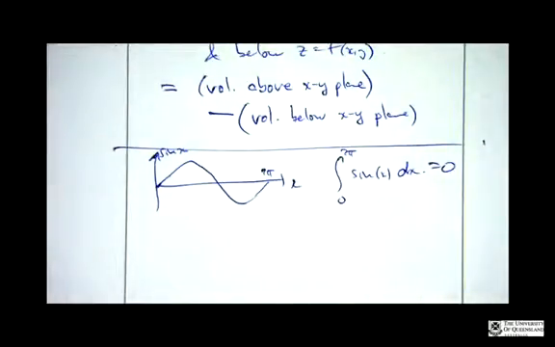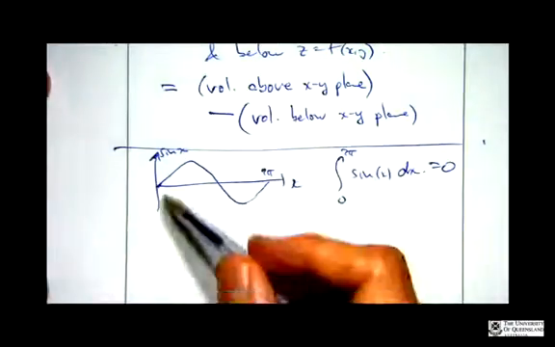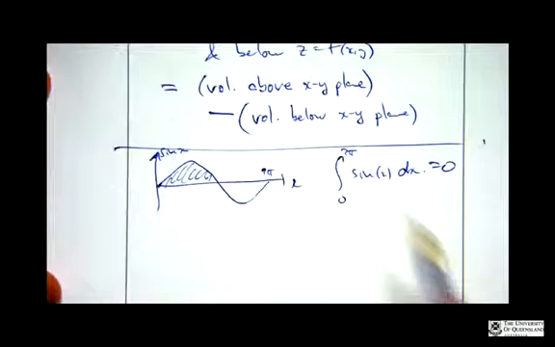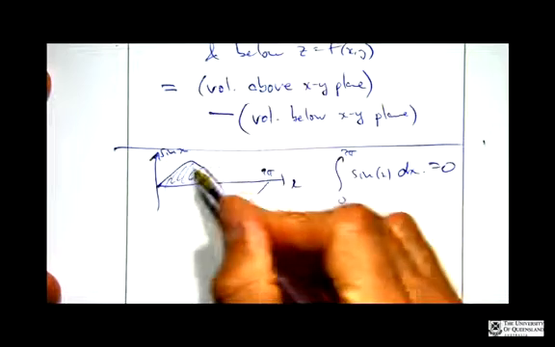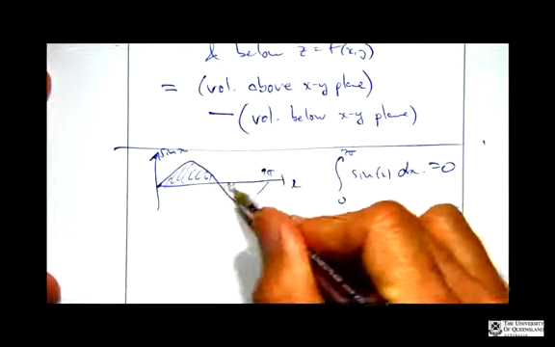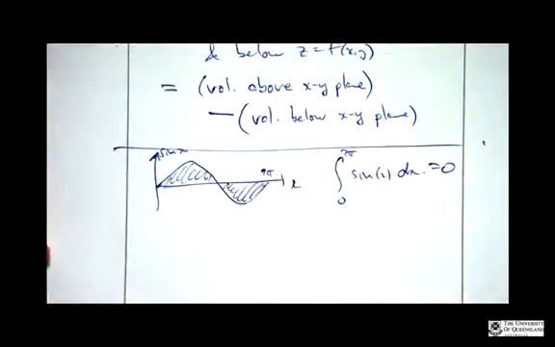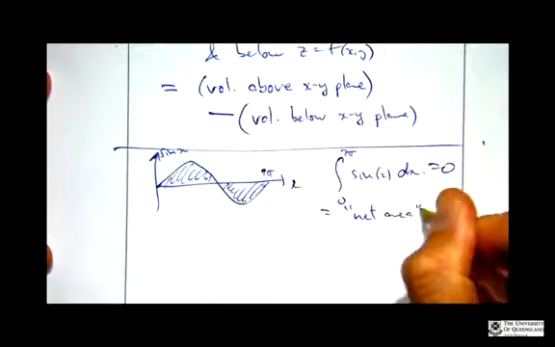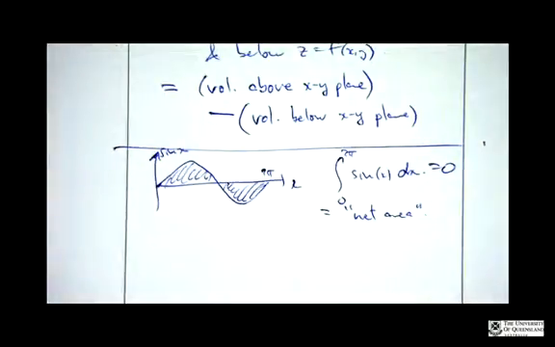But how do we interpret that in terms of area below the curve? Well, I guess you could call it net area, right? It's just the area of this part that sits above the x-axis minus the area that sits below. So I guess we could say that 0 is just the net area.